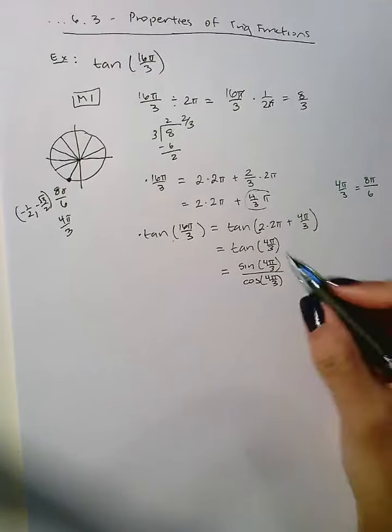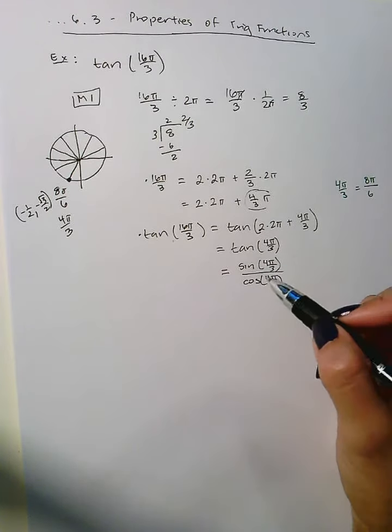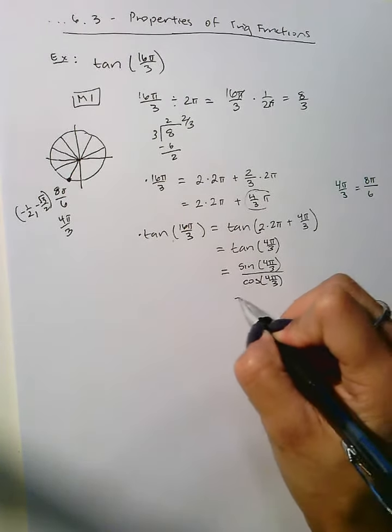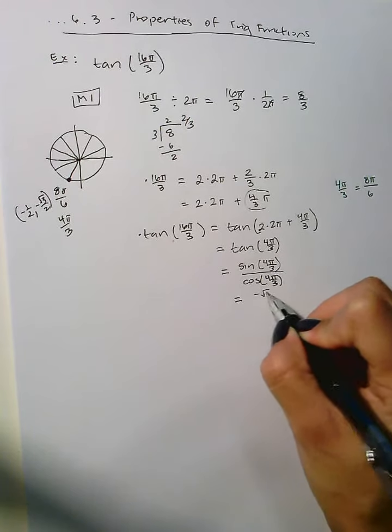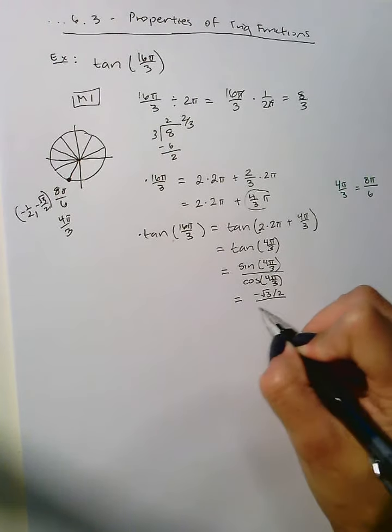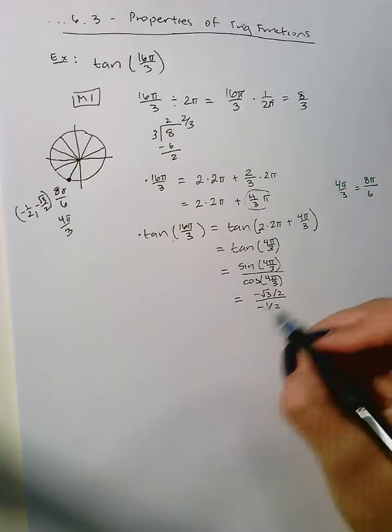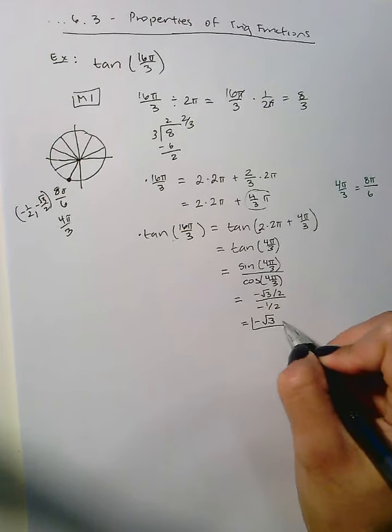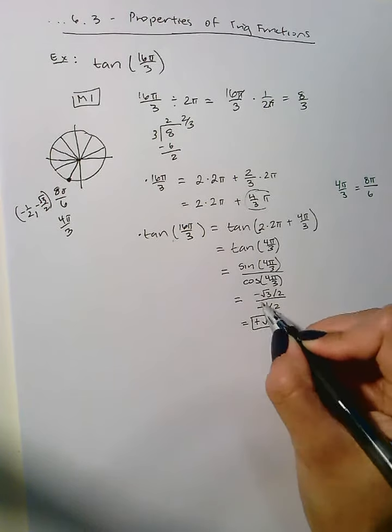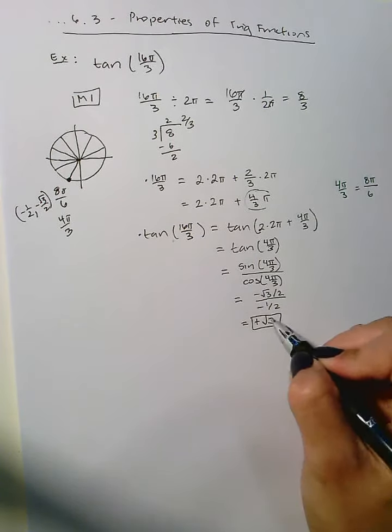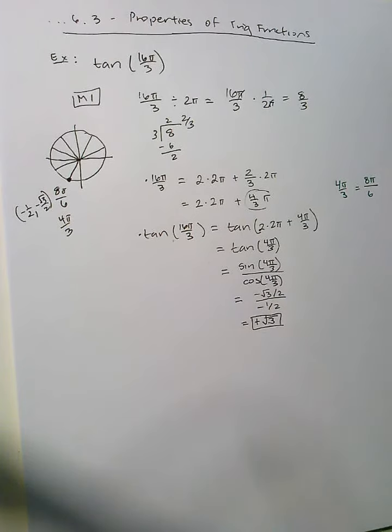We're using the identity tangent is equal to sine over cosine. So this is equal to negative radical 3 over 2 over -1/2. If I divide these two, we're going to get negative radical 3, and negative divided by negative gives me a positive. So radical 3 would be my answer.